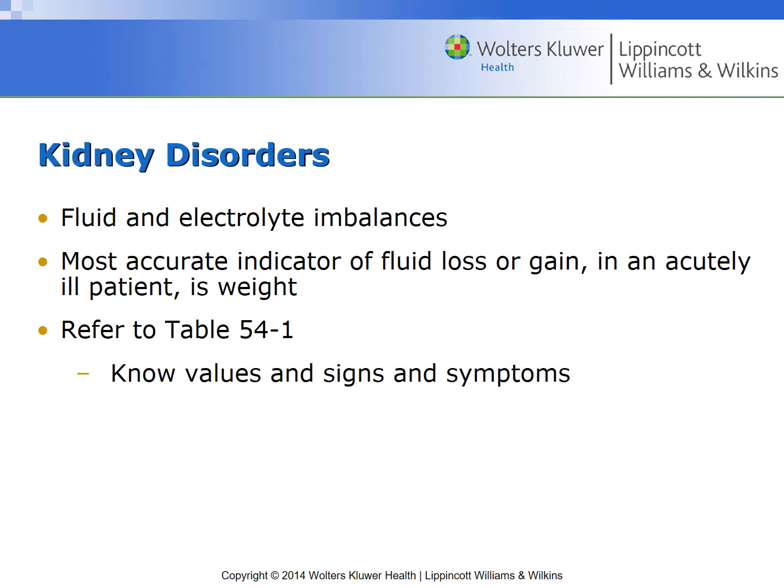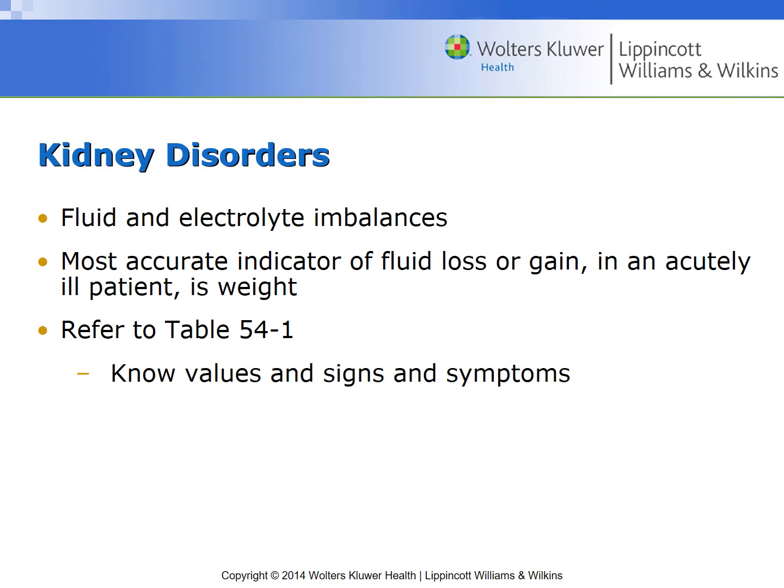All right, so our most accurate indicator of fluid loss or gain is weight. And so, that can tell us a lot. It's important to look at weights, look at trends in weights. What did the patient weigh when they entered into the hospital versus what do they weigh now? Do we have a fluctuation? Are we retaining fluid? Are we losing fluid?